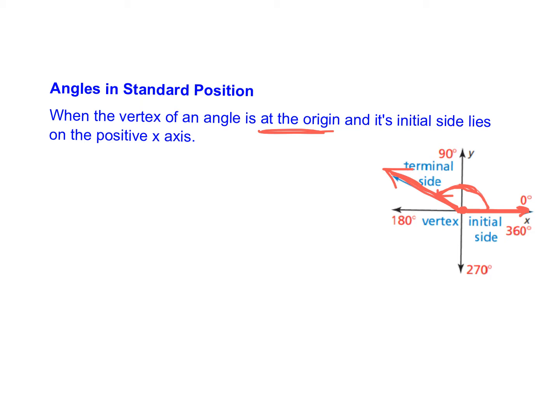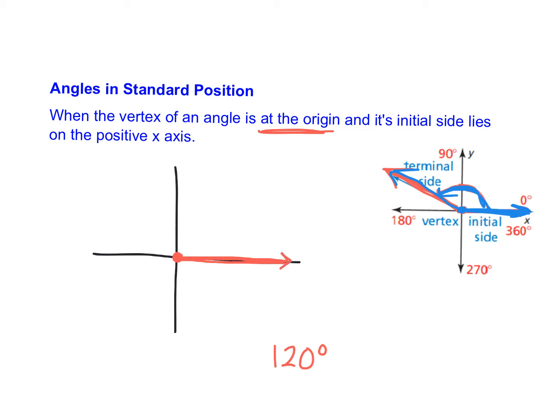So the big thing is that this angle starts at 0, 0, goes along the x-axis with its initial side, and then from there goes counterclockwise until it reaches its angle measure to a terminal angle. So if we were to draw an angle in standard position, say 120 degrees, we would start at 0, 0 and draw our initial side.